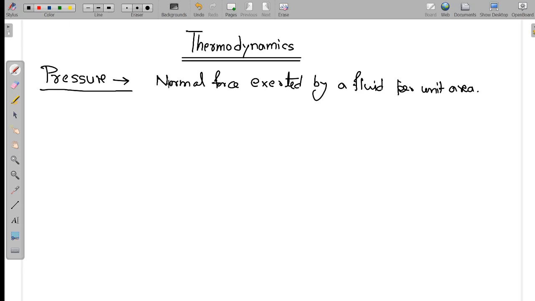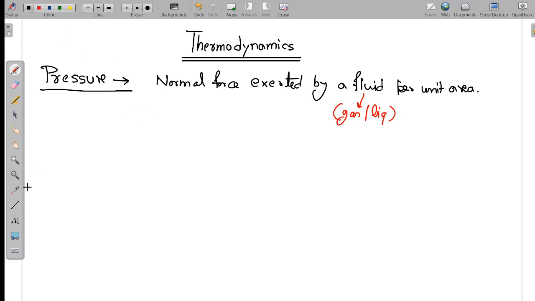Okay. Here the fluid means liquid or gas. So what does it mean?